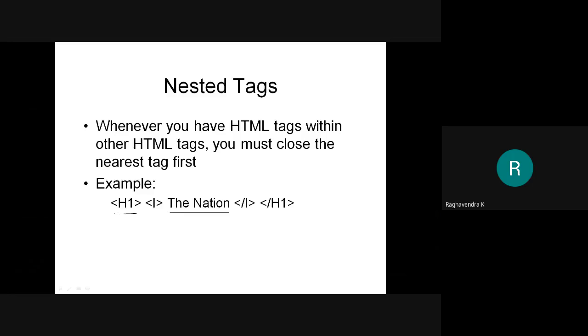To make this text italics, we can use one more tag called I. The beginning of the italics tag is here and the end is here, and you can observe that it is present within the header h1 tag. This is how you can nest one tag within another.